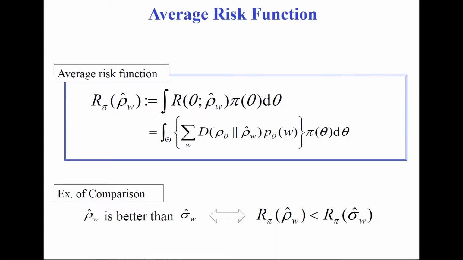And for two kinds of estimates, we can compare them. For example, suppose that we have two estimating methods of density matrix. Then we can say rho hat is better than sigma hat if and only if the average risk of rho hat is smaller than the average risk of sigma hat.